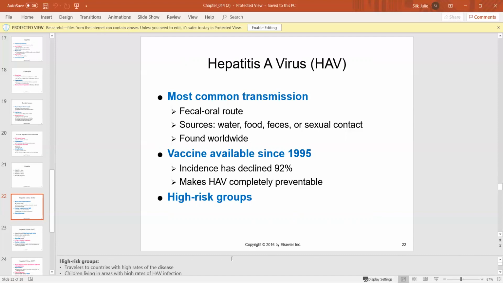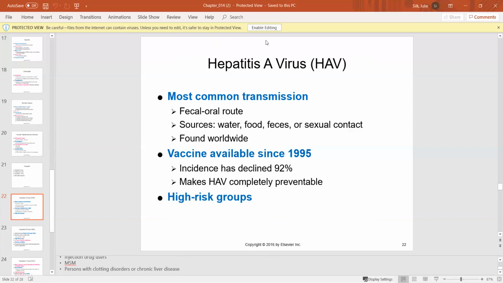Down here at the bottom, it says travelers to countries with high rates of the disease. If you're going somewhere that you might get hepatitis A, definitely get the vaccine. Children living in areas with high rates of it should get it. IV drug users, persons with clotting disorders or chronic liver disease. Any of those people should be getting it to help.